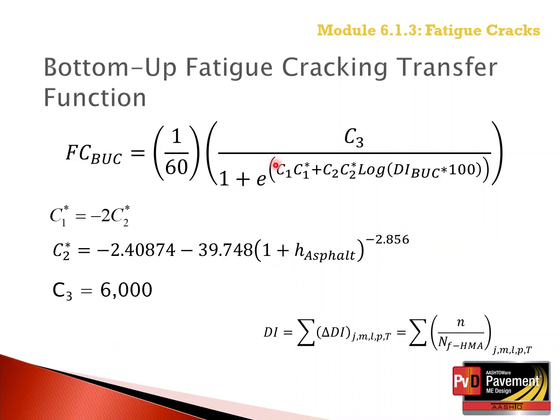The C1 and C2 parameters will be defined and explained on the next slide. But C1 and C2 are global calibration parameters or result from the calibration process.